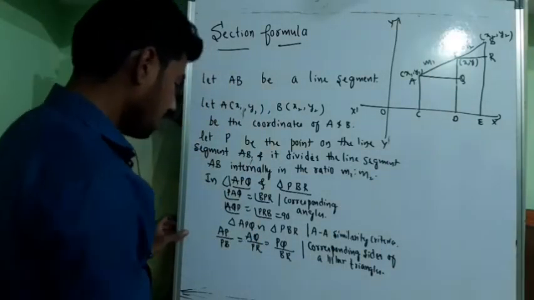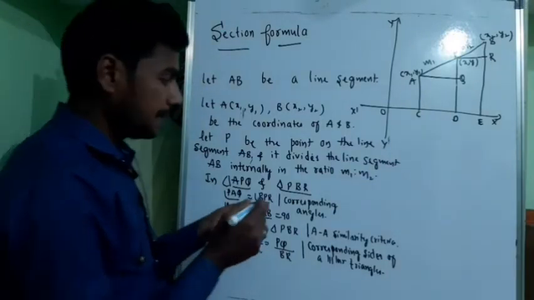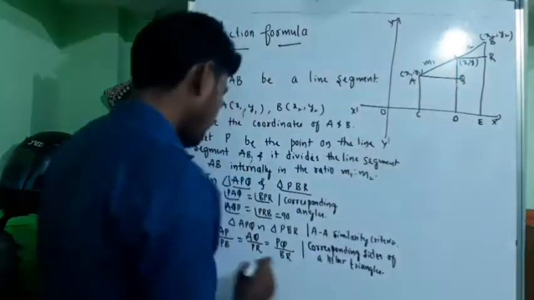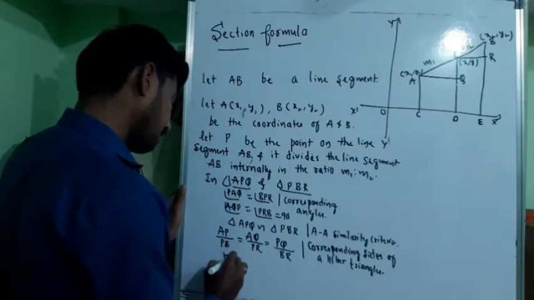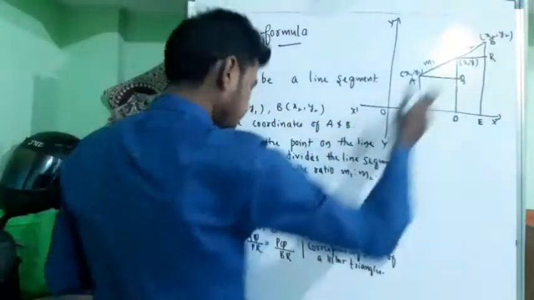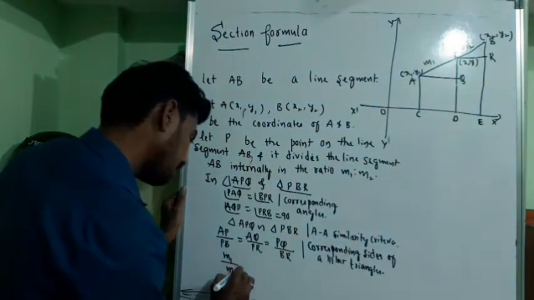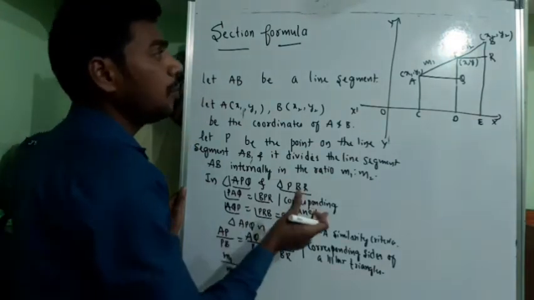Now, for AP, AP is m1 and PB is m2. Next, where is AQ?